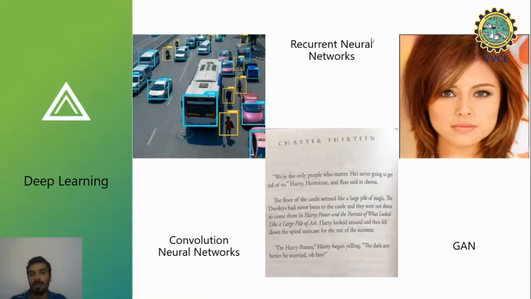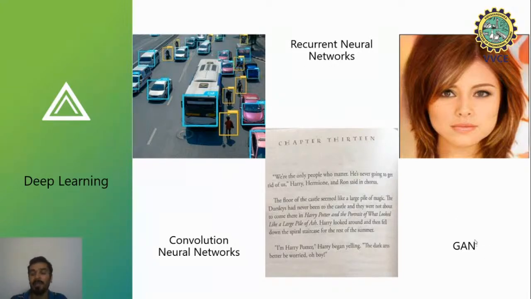Similarly, we have recurrent neural networks, which can capture sequences. For example, text: the words that you write have some kind of sequence, so recurrent neural networks will be able to capture that. Everything is processed in some layers before your ANN, and finally your ANN is fed with the output of these different layers.